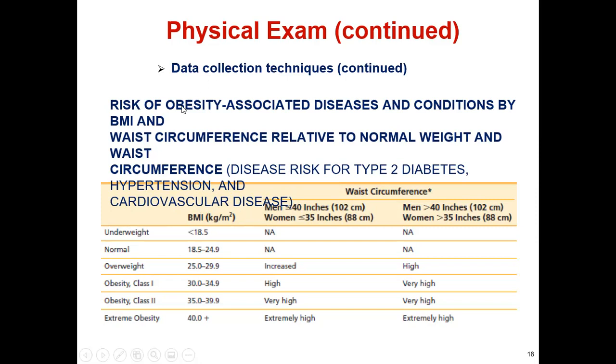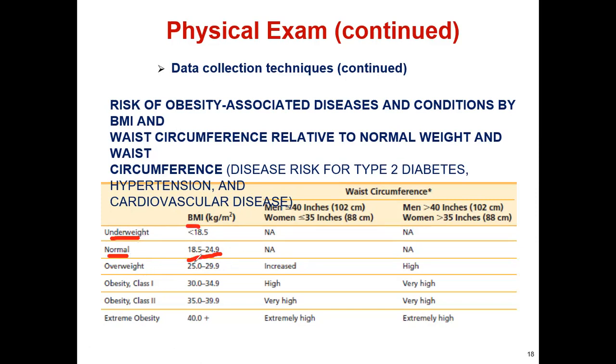Let me tell you the normal BMI here. They said normal BMI is 18.5 to 24.9. If the BMI is less than 18.5, you can say underweight.